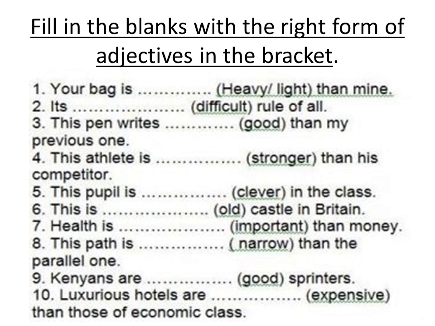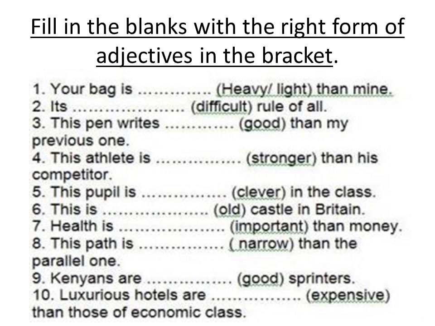It's the difficult rule of all. So what is in the bracket, you will have to change it and see what will match with the blank. Third one, the pen writes good than my previous one. This athlete is stronger than his competitor.